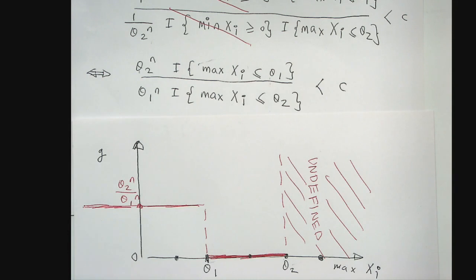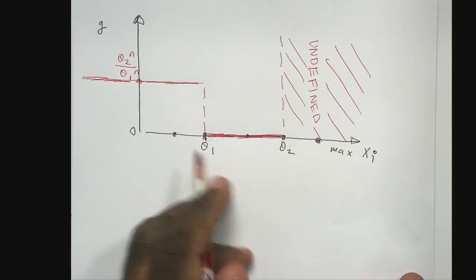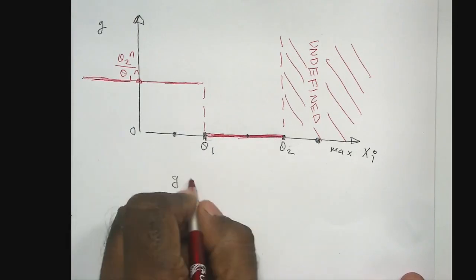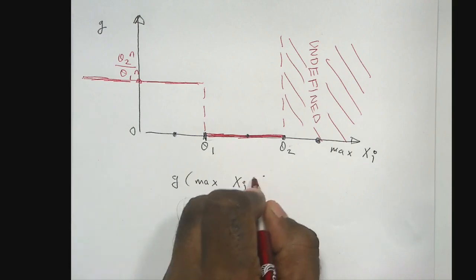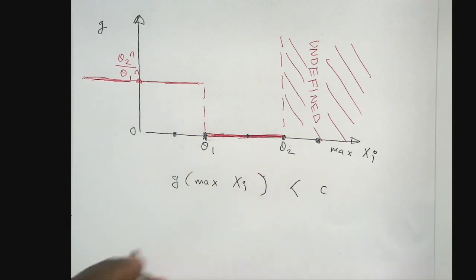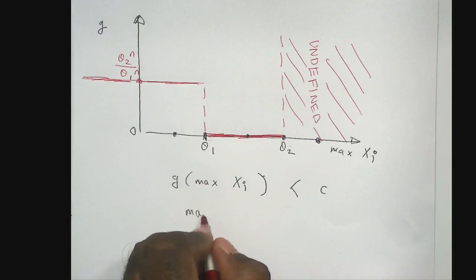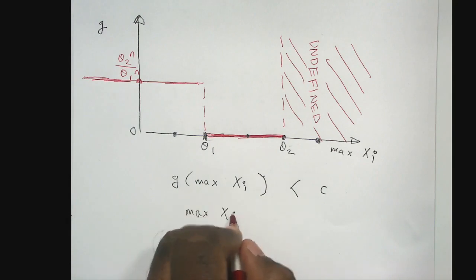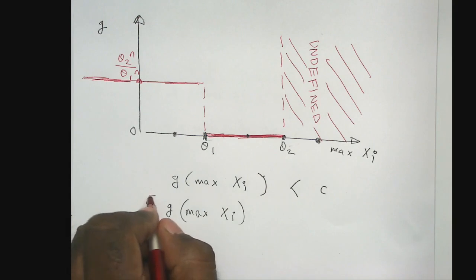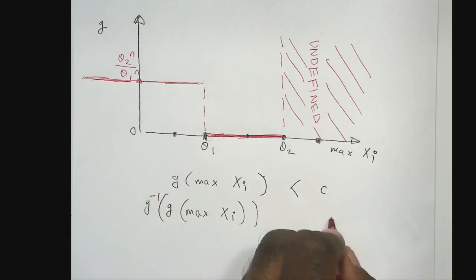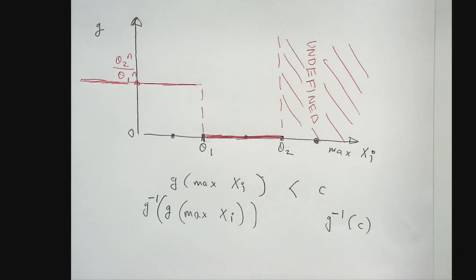Let's go back to what we had earlier. The question we had was this, right? Now if I multiply by g inverse, what will happen to this sign?